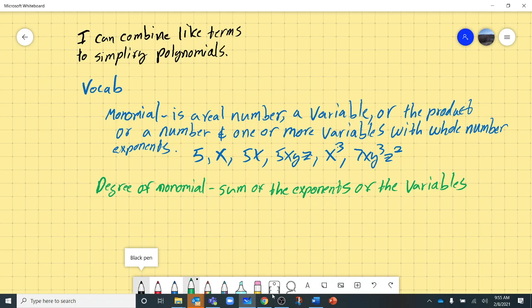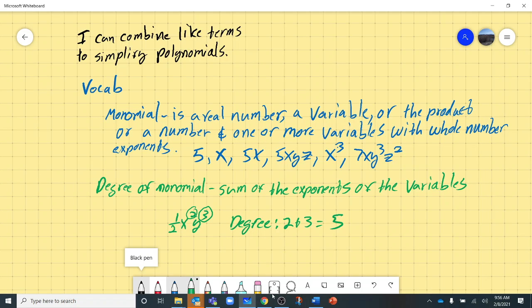Okay, so just for an example, if we had 1/2 x to the second power y to the third power, the degree of the monomial would be this 2 plus this 3. So 5. Okay, so it would be a degree of 5. The degree of the monomial would be 5.